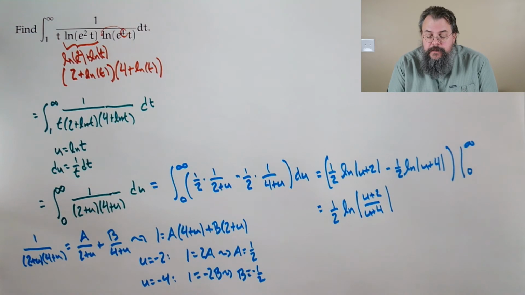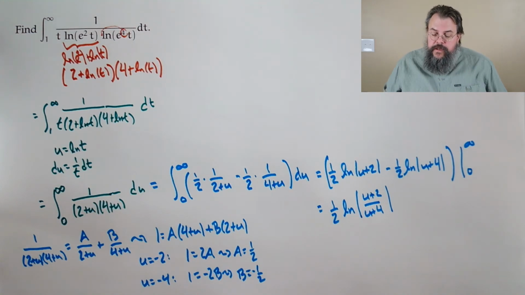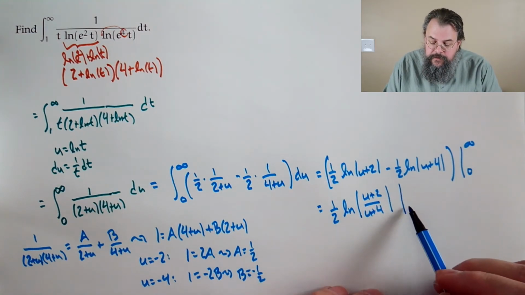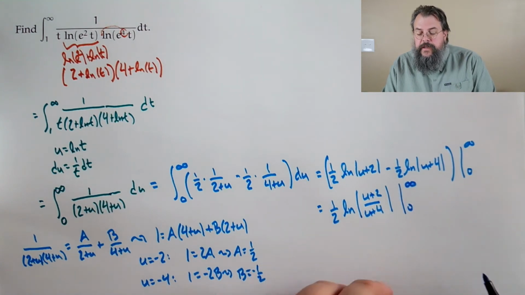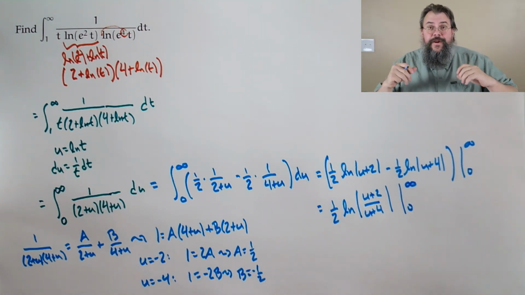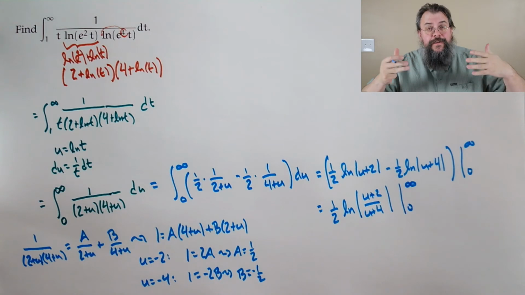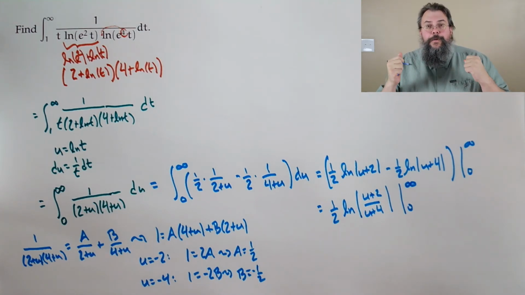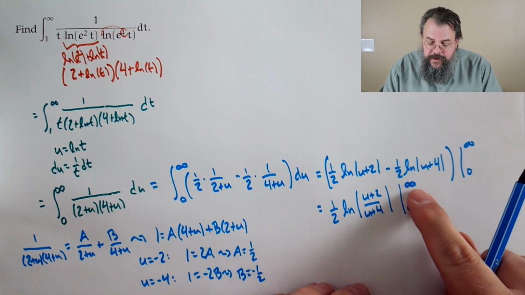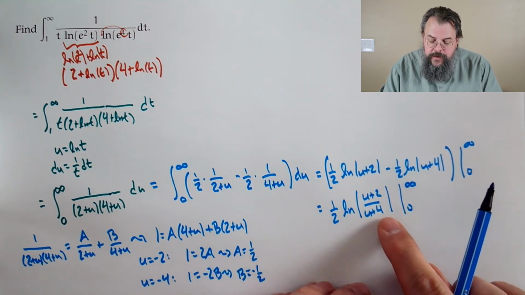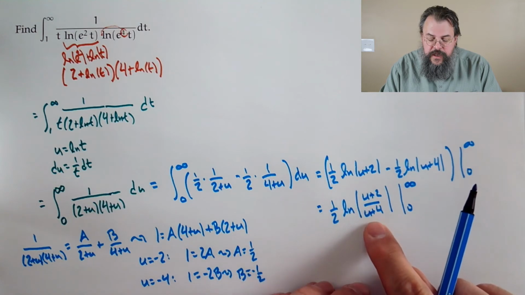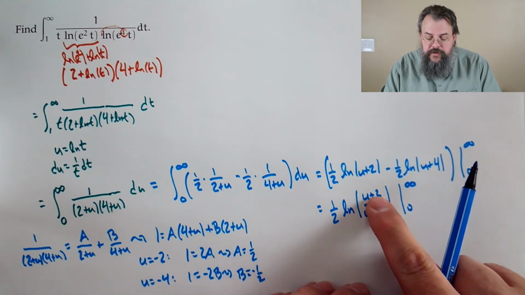Well, the last thing to do is, of course, evaluate from 0 to infinity. Now, we've done a couple of these, so we're just going to be a little bit more relaxed here. What happens as we go to infinity? The inside, that's the only place where u shows up, we have u plus 2 over u plus 4.